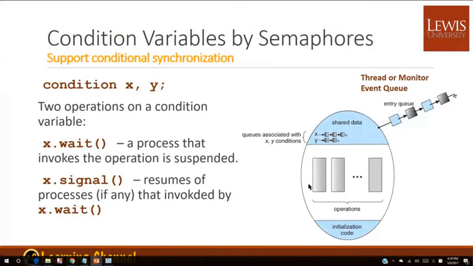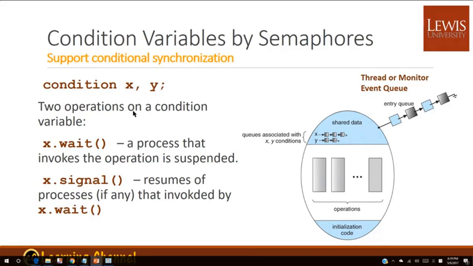Right here, I show you the diagram for a condition variable. You have shared data, a queue associated with the conditions, and a queue for the monitor entries, and you have operations and an initialization call. So it is similar to a monitor or thread or event queue, and you can declare condition variables x and y.